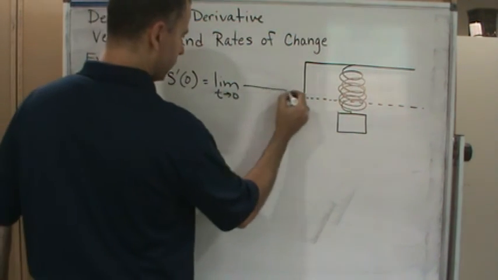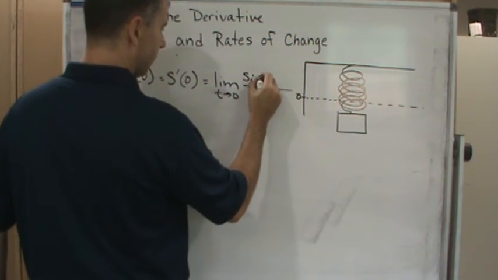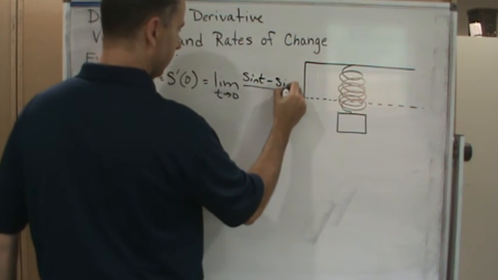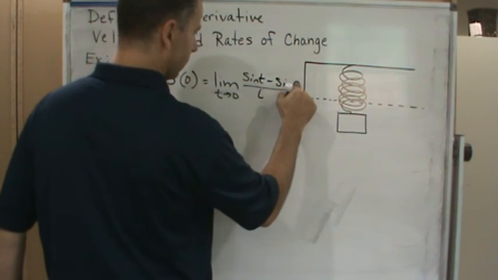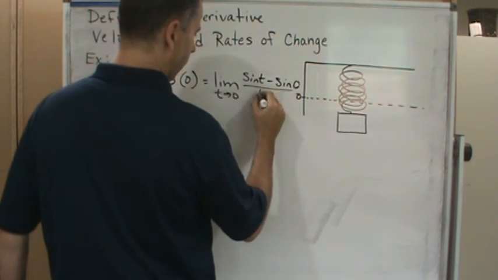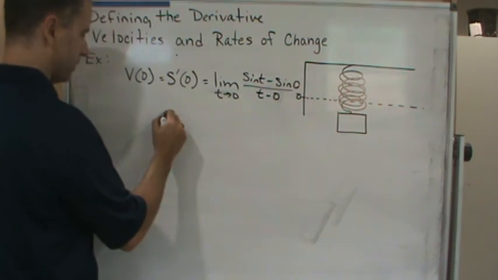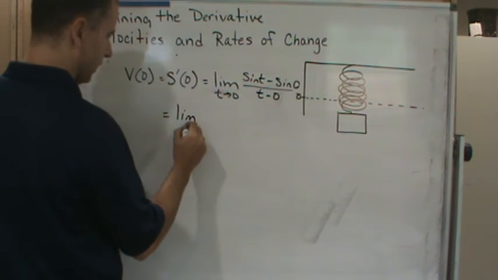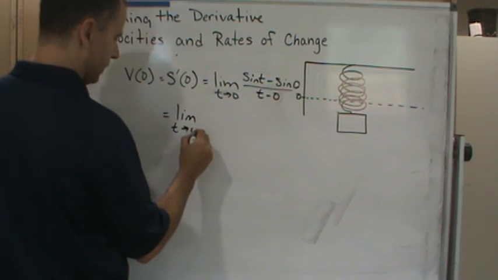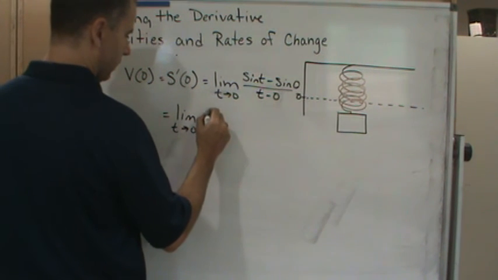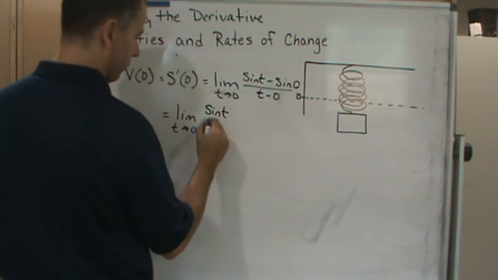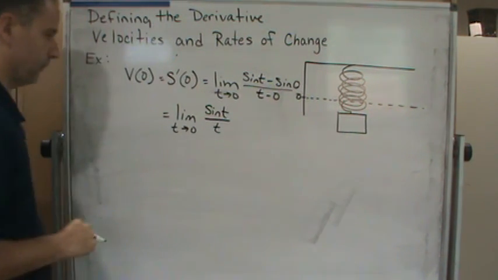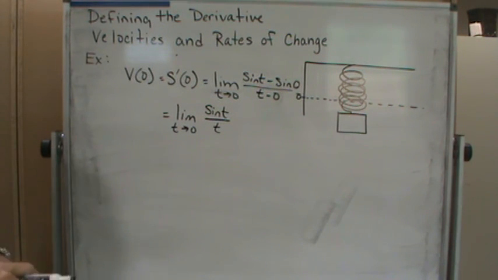So again, it's going to be sine t minus sine 0 over, not theta, over t minus 0. And of course, this is the same as the limit as t approaches 0 of sine t over t. And we know that the limit as t approaches 0 of sine t over t is 1, right?